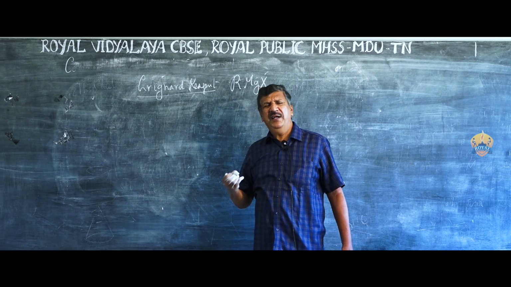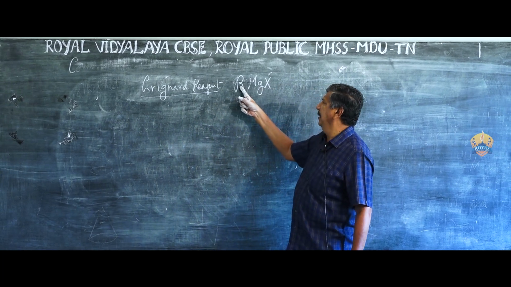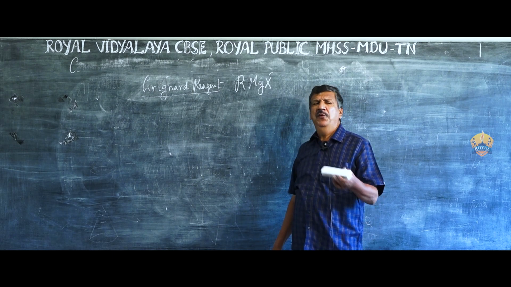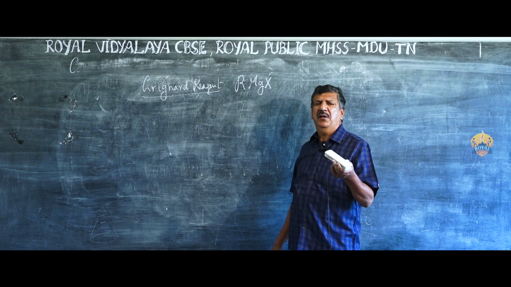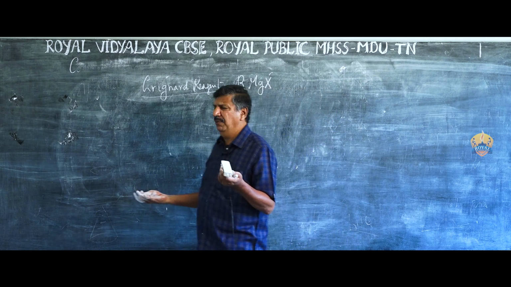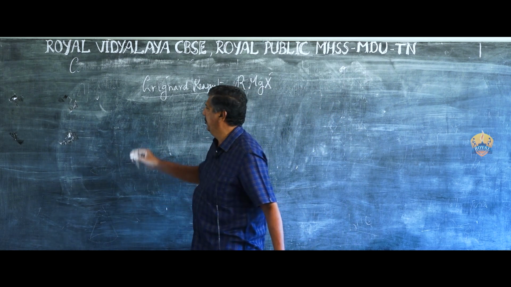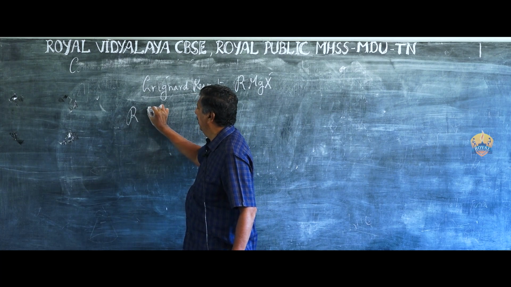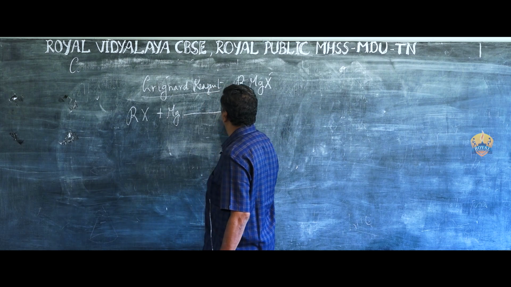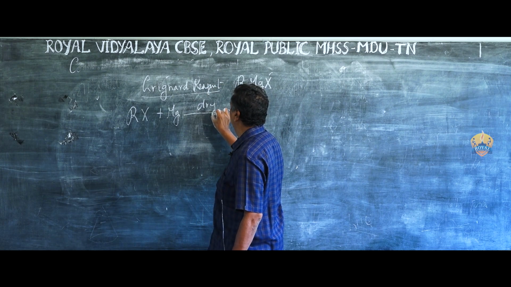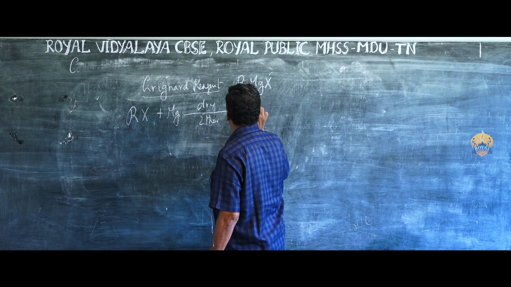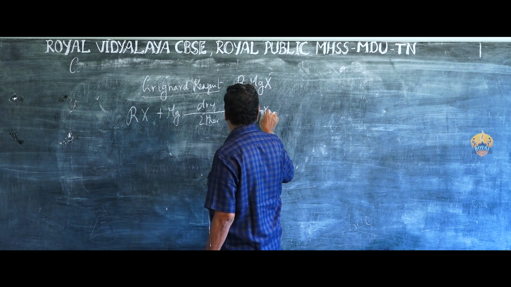Methyl, or generally, alkyl magnesium halide. How will you prepare the Grignard reagent? Very, very easy. You have already learned it maybe in 11th standard. See, you take any halide, you treat with magnesium in the presence of dry ether, that's all. Or MgX, that's all.